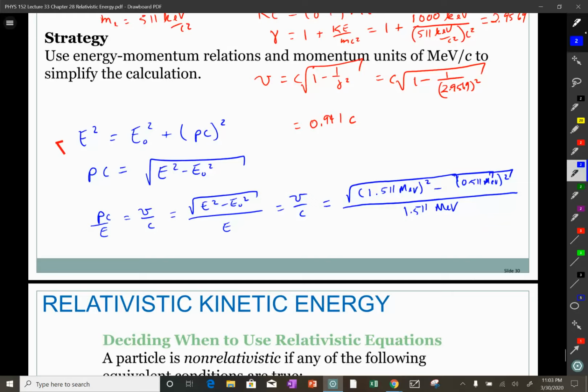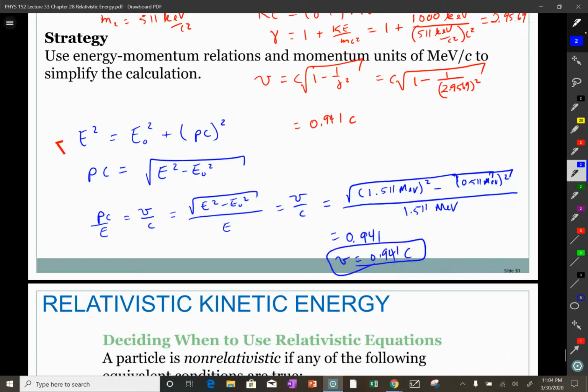And it gives me exactly the same thing, 0.941. Now that's V over C, so V is equal to 0.941 c.